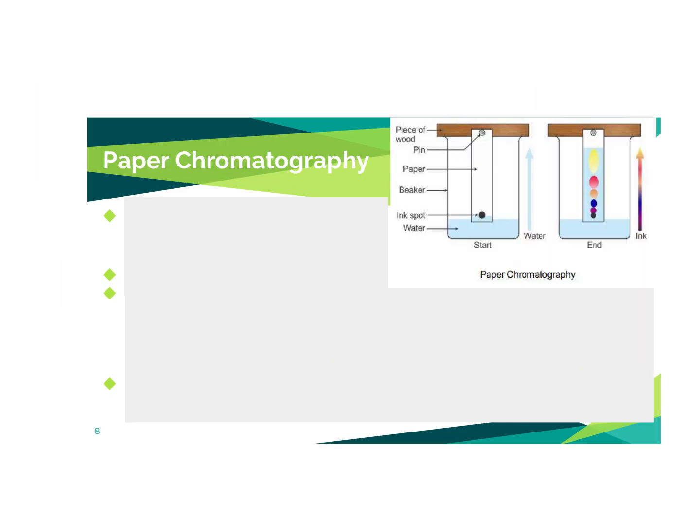So the most common form of chromatography that we're going to be talking about here is paper chromatography. And so if you look at this diagram on the right here, we have our paper. That is our stationary phase. And we have some sort of a solvent. This is our mobile phase.